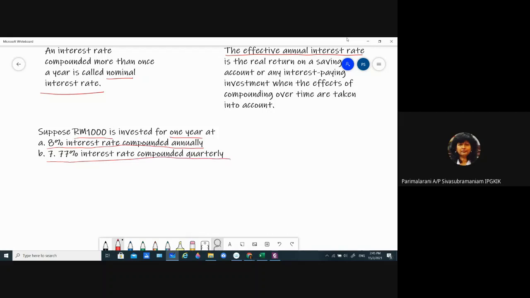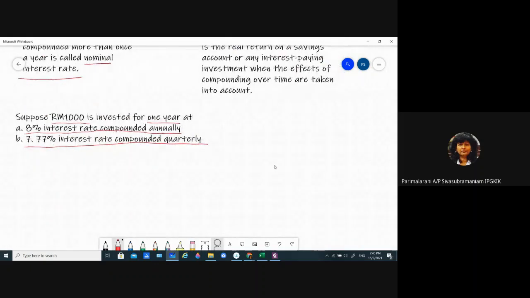So now you want to know whether these two rates will yield the same future value, the same accumulated value at the end. You want to know whether both these interest rates are equivalent or not. So let's try to calculate and see if both these rates are equivalent.